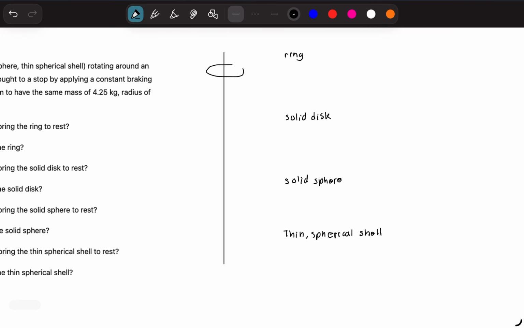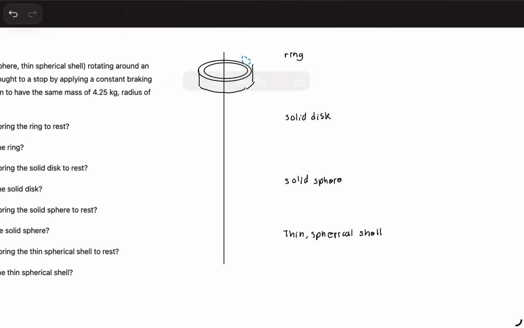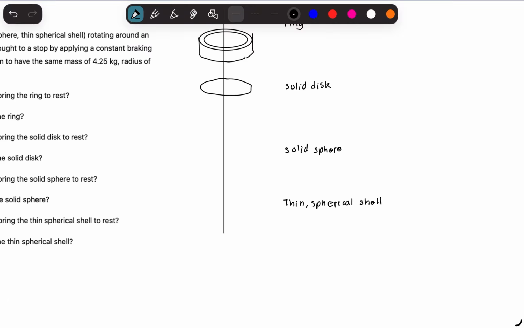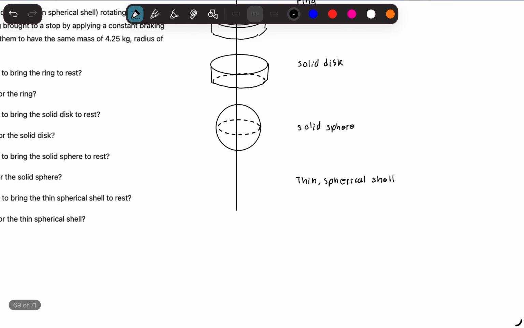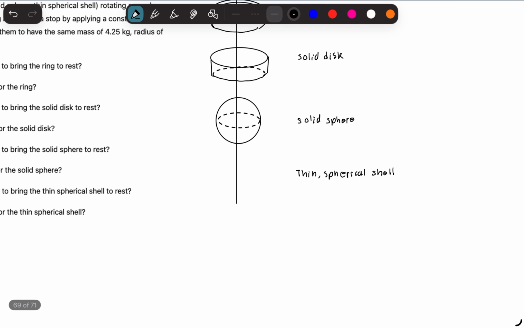For our ring, for our solid disc, for our solid sphere, and for our thin spherical shell.